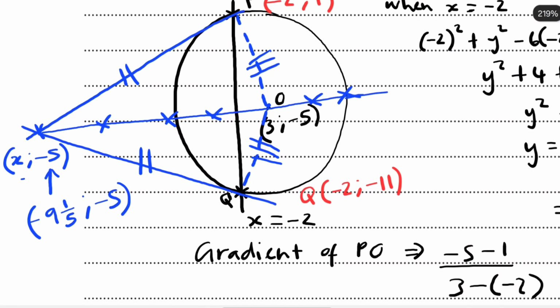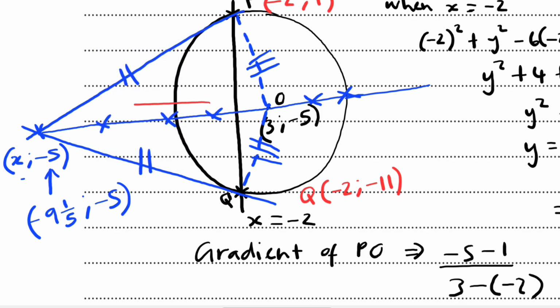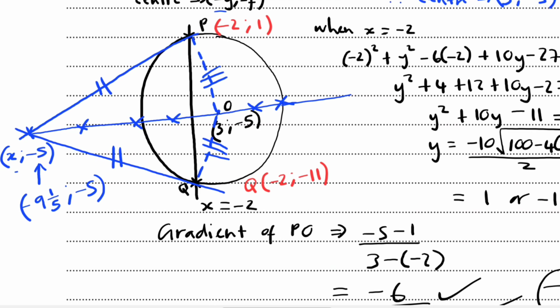Since we said this line is horizontal, for us to get the length along that line from the point of intersection here to, now we want the distance up to this point, so this point is (-2, -5), right?